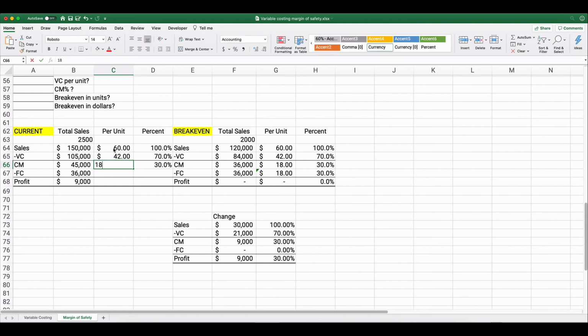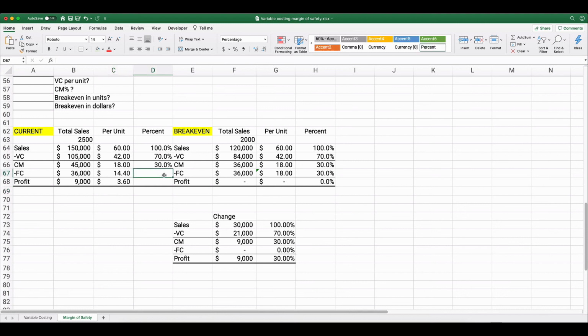We've already figured out that this is 60 selling price per unit, 42 is the variable cost per unit, 18 is the contribution margin per unit. So let's calculate the 36,000 divided by the number of units, and we'll get 14.40 is the fixed cost per unit. And our profit per unit, 18 minus 14.40, is going to be $3.60.